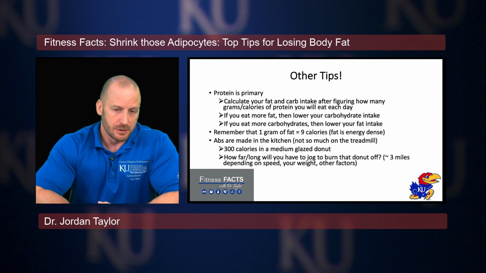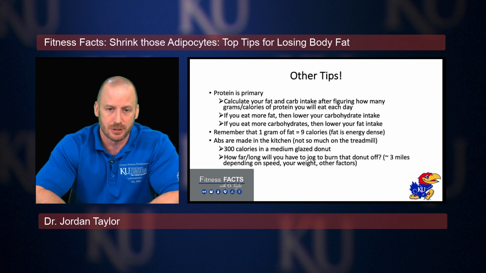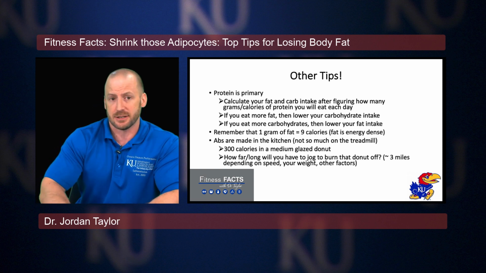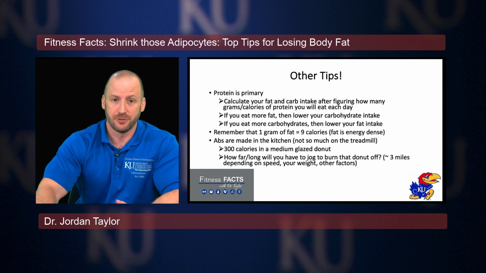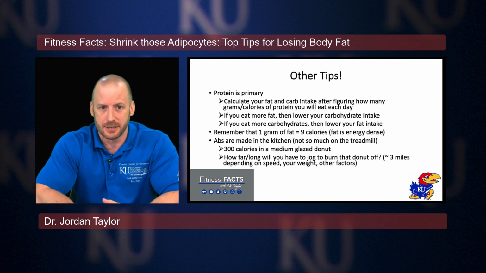All right? Remember that abs, right? Six-pack is made in the kitchen, not so much on the treadmill. And what I mean by that is people don't realize how much physical activity, aerobic exercise you actually have to do to burn off calories from the food that you eat. So, typical medium-sized glazed donut, you're looking at about 300 calories there.